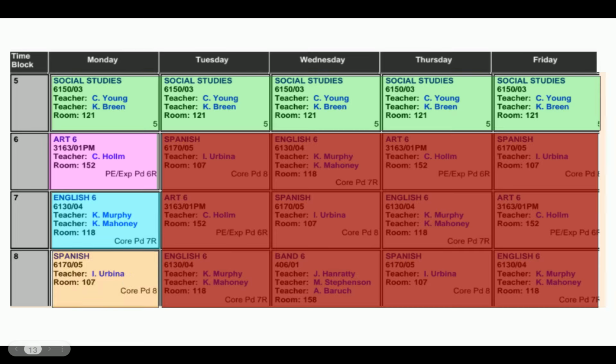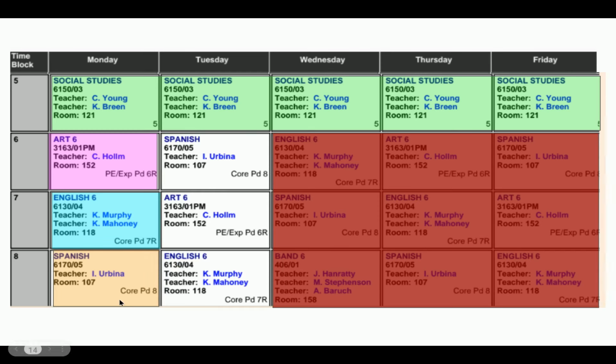On Tuesday, after lunch, the person once again will go to social studies in time block 5, but now Spanish will slide up to time block 6, or the core that you have then. Time block 7 will be an exploratory, and English, or that core, will slide down into time block 8.